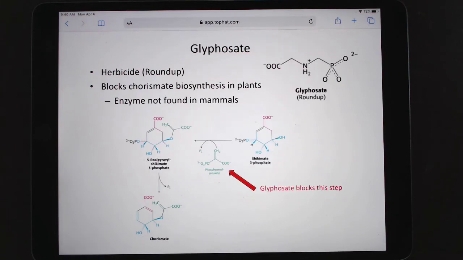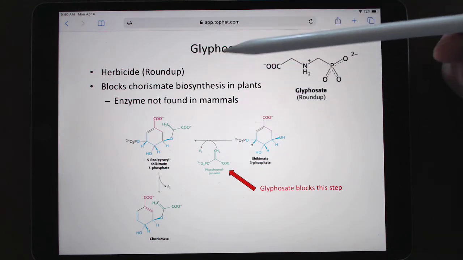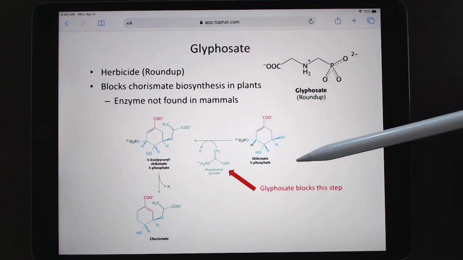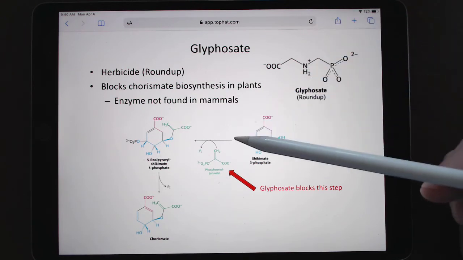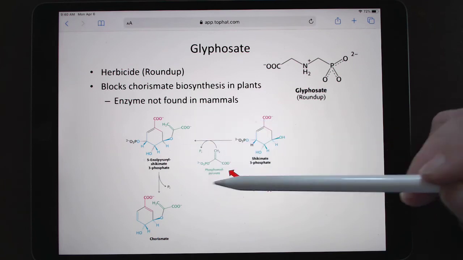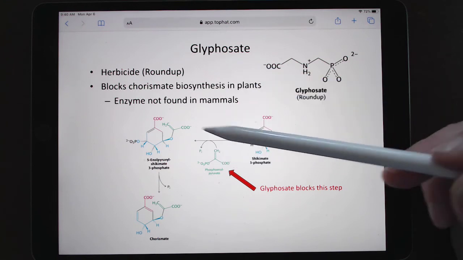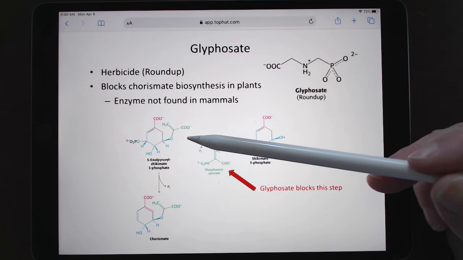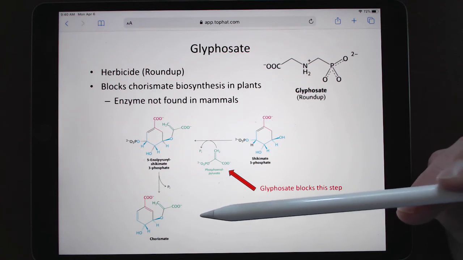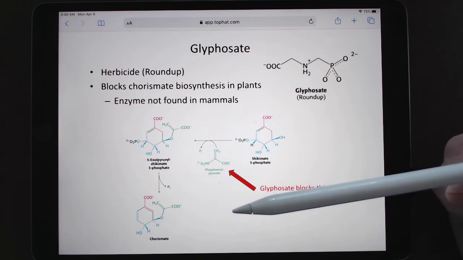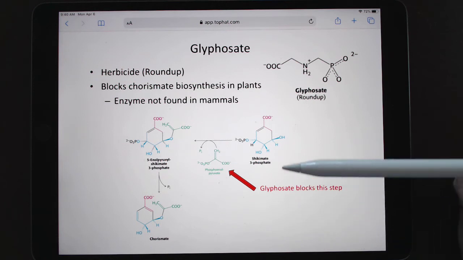Now, this cycle here is obviously going to be important in plants because they have to make all their own amino acids. What this does is it blocks this step of chorismate biosynthesis. If you block this, you're going to be able to shut down amino acid biosynthesis in the plant, hopefully a weed. If it can't do that, then the cell's going to die because it can't make any more amino acids.